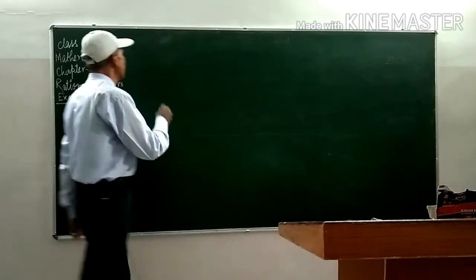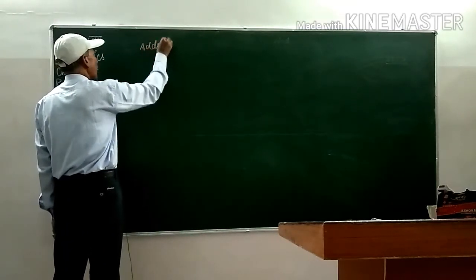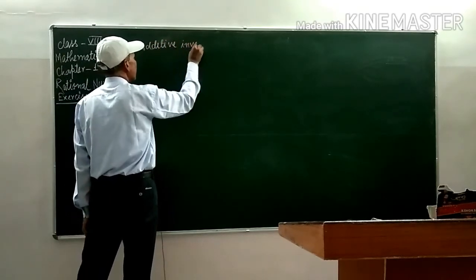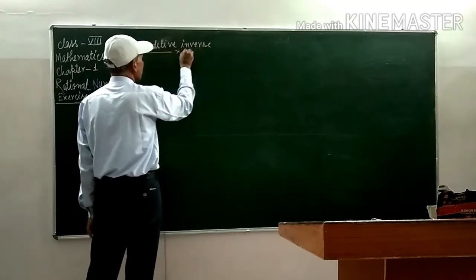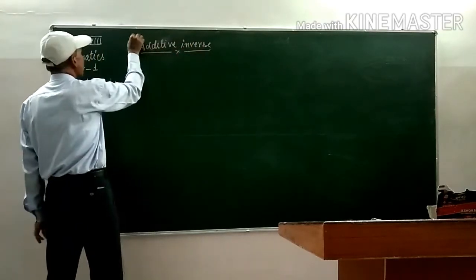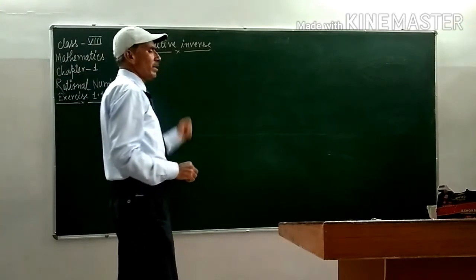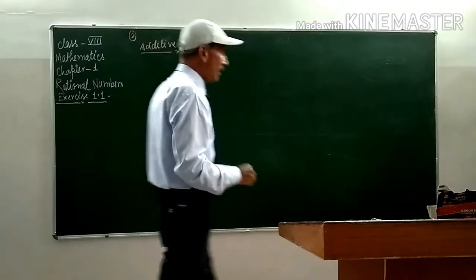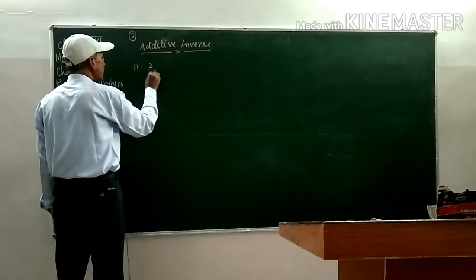Additive inverse. Question number 2. We have not written the question here. We have to find out the additive inverse of the given number. First part is 2 by 8.